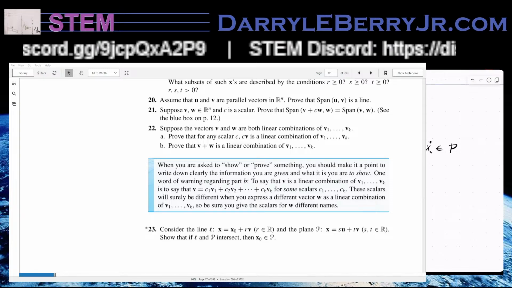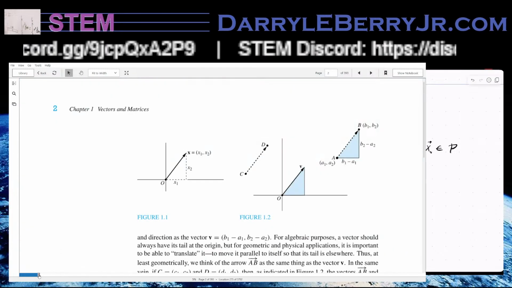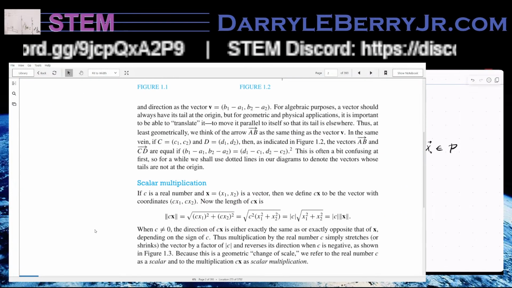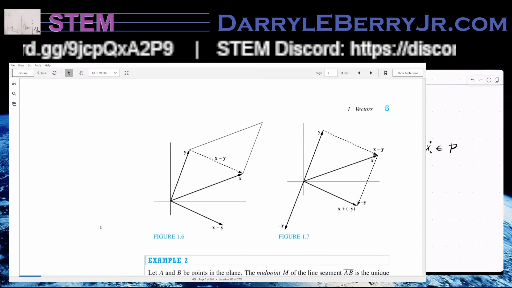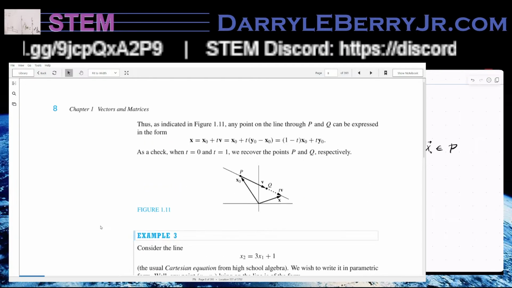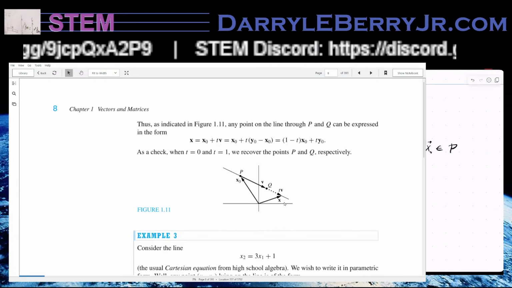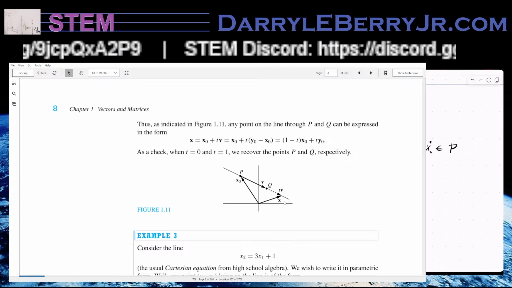And I should be able to find that in the book somewhere. Let's see, I remember seeing that image. There it is right here.